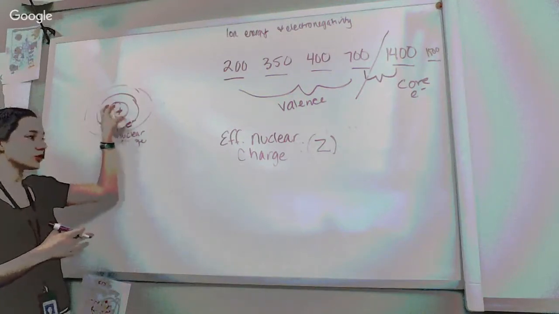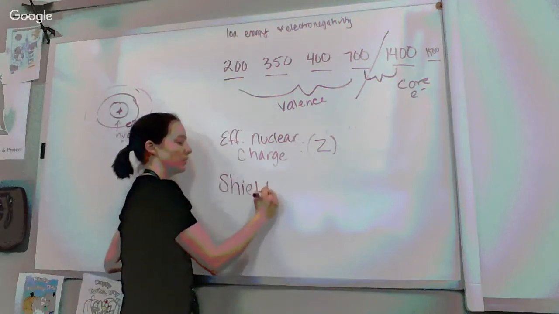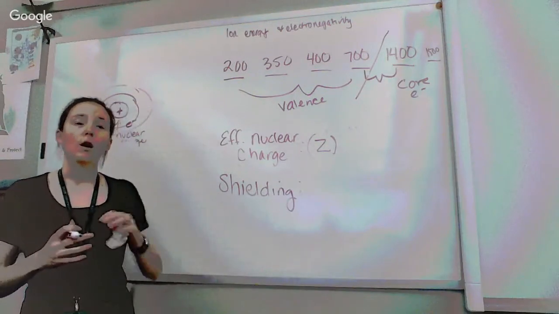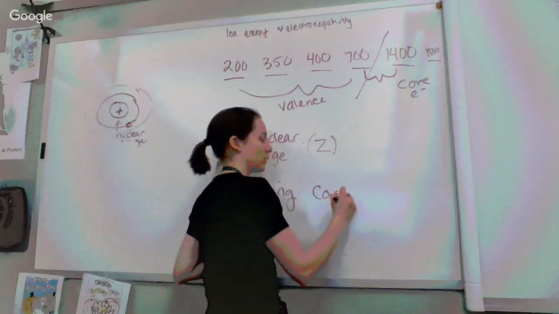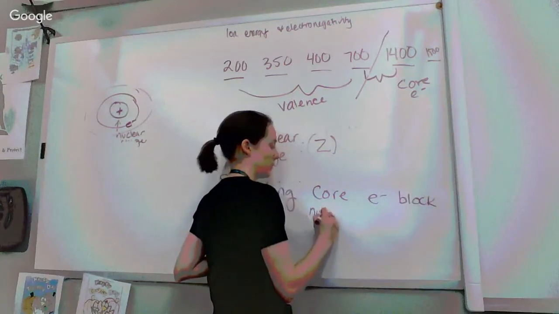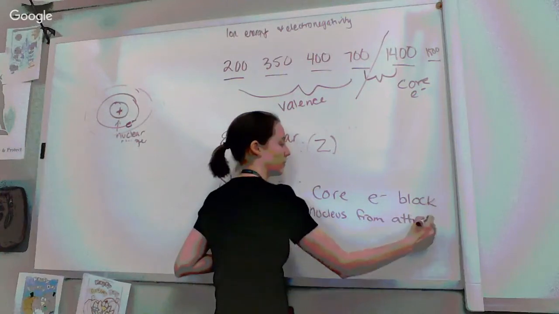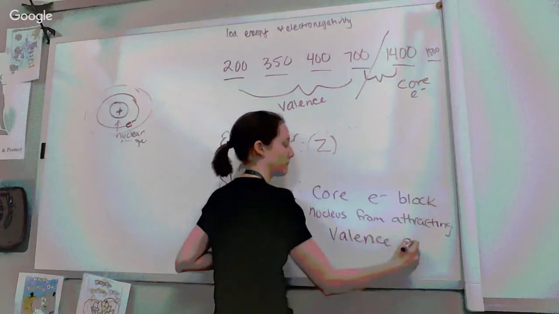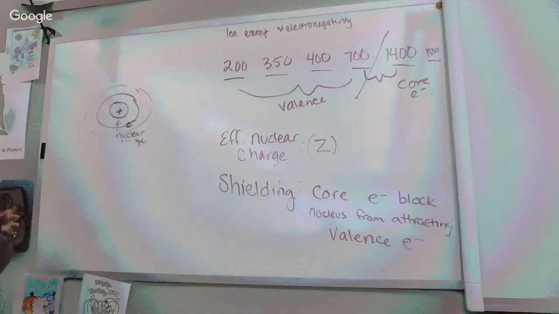So not just what its charge is, but also how it's being balanced. And what you're talking about there is shielding. And shielding is the idea that your core electrons are able to interfere with the attractions for the outermost electrons. So shielding says our core electrons are going to block our nucleus from attracting our valence electrons.